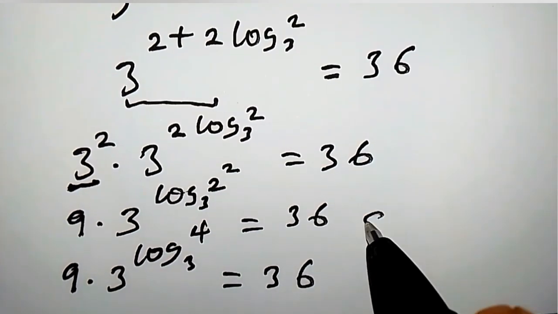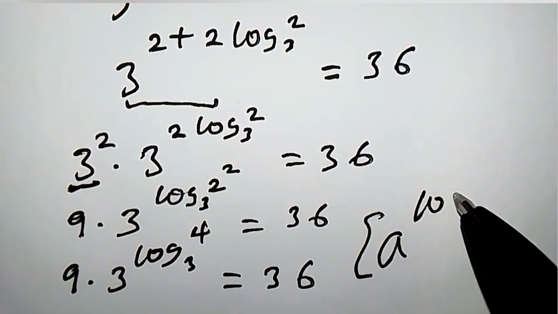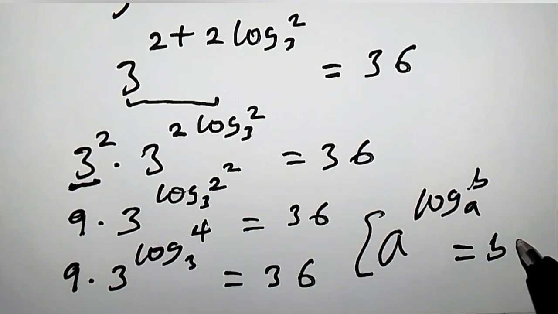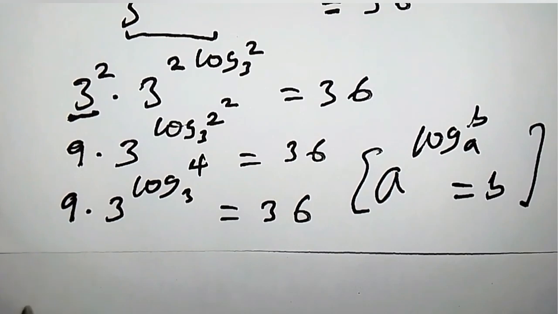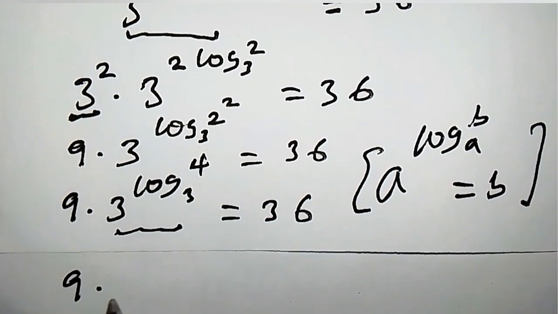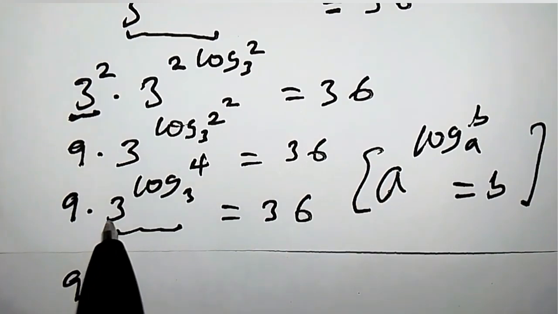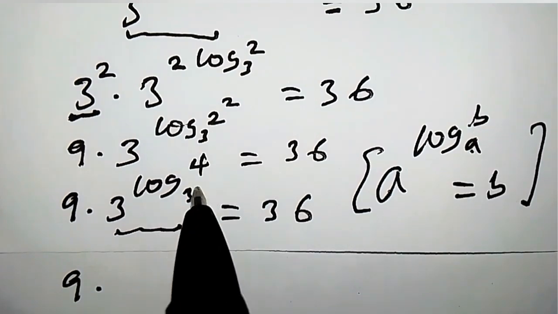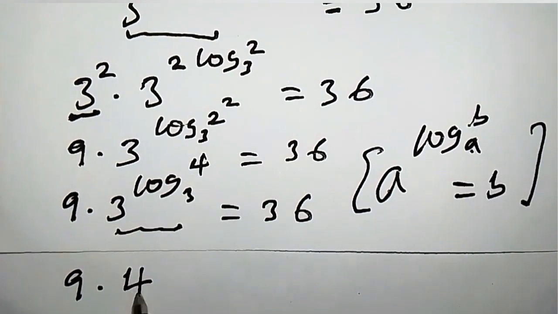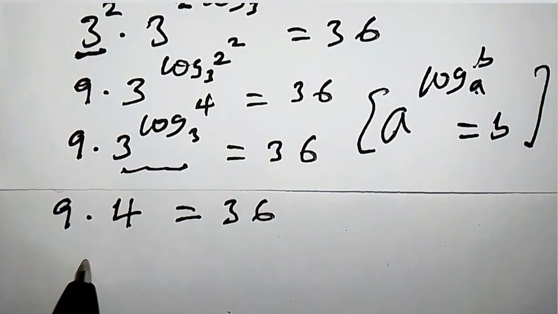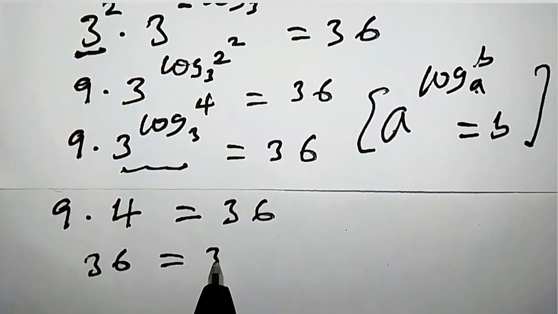It says a raised to log b base a is the same thing as b. That means from here we are going to have 9 times, applying this property to this, you will notice that our a is 3, and our b is 4. That means all of this becomes 4 equal to 36. 9 times 4, that is simply 36, equal to 36.